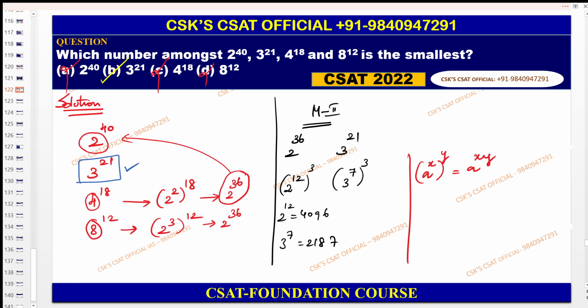The question here is the smallest, so the smallest here is 3 power 21. Please take note: in the examination, if you see a new kind of model, first try to eliminate 50% of the options.